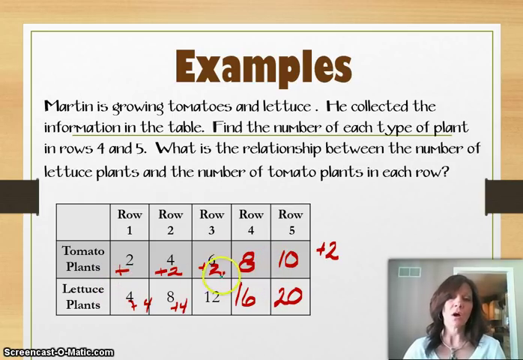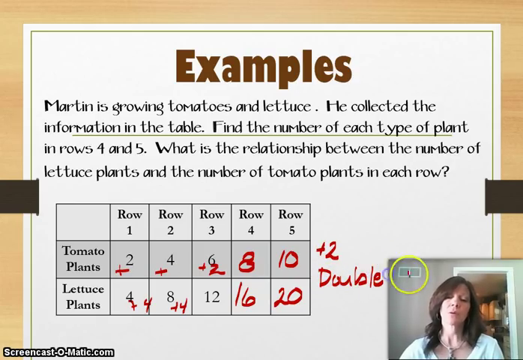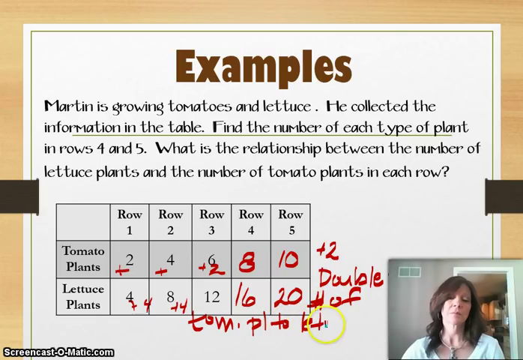So we have solved, but the relationship between the number of lettuce plants and tomato plants in each row is that there are double the number, and this is what they want you to do, of tomato plants as there are lettuce plants. That's what they're asking you to solve for.